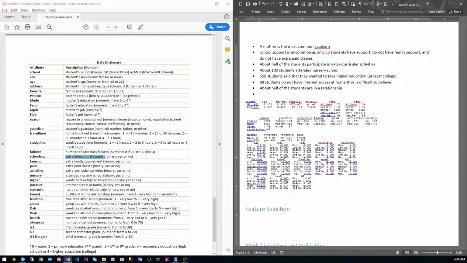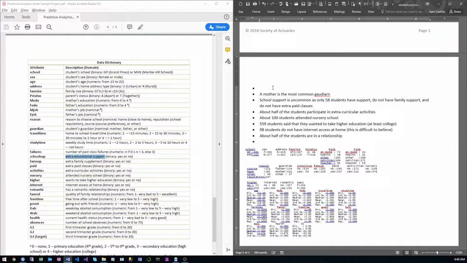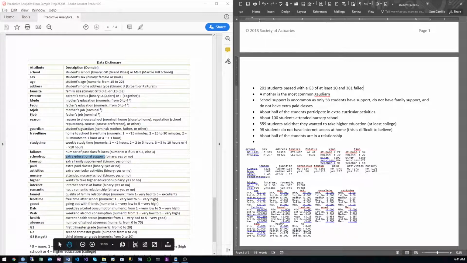What is pass? Pass is... Oh, so pass is the target. That's the flag. So 201 students passed with a G3 of at least 10, and 381 failed. That seems very high.